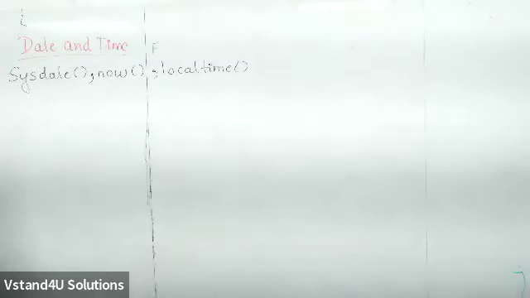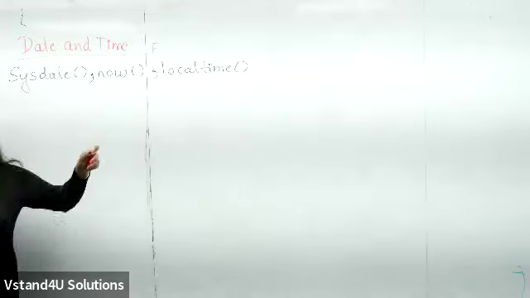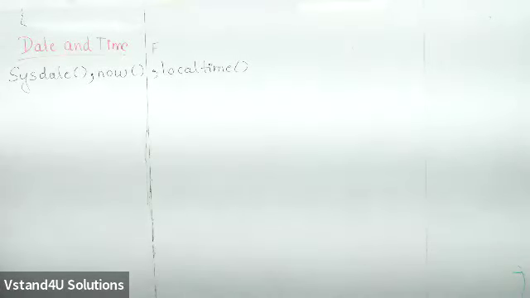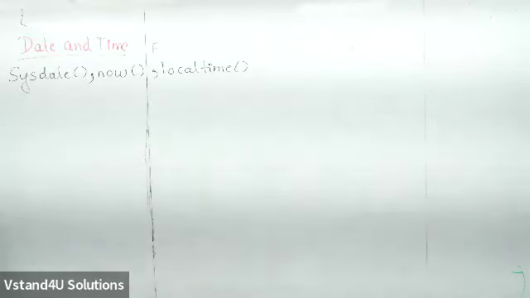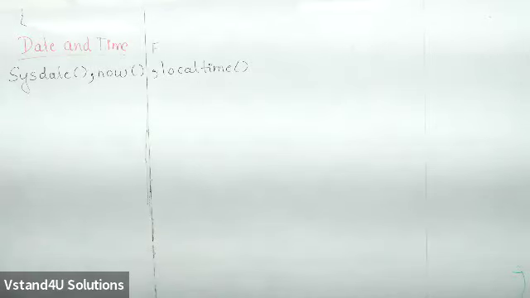Okay, when you have system date, now function and local time, are these three different functions or all the same functions? Different functions or same functions? Take down the first query.